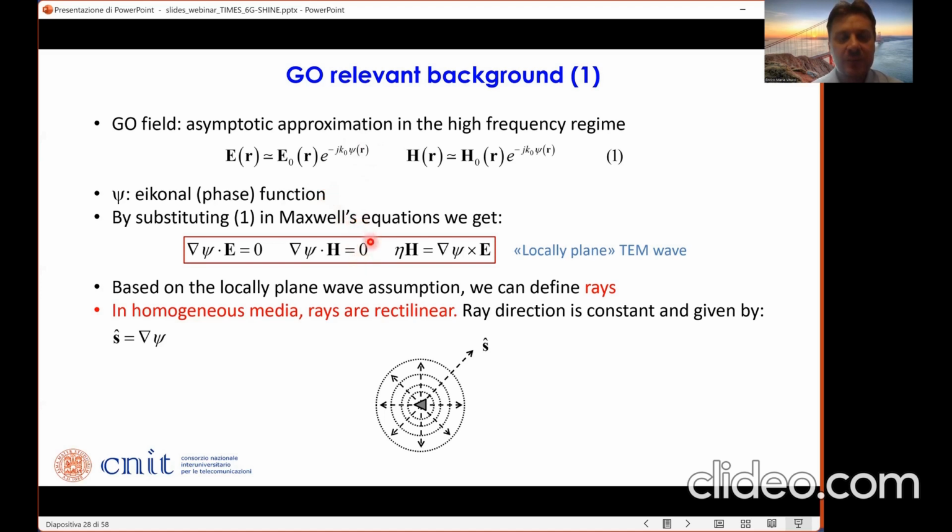Also, the geometrical optics theory is strictly related with the locally plane transverse electromagnetic wave assumption.